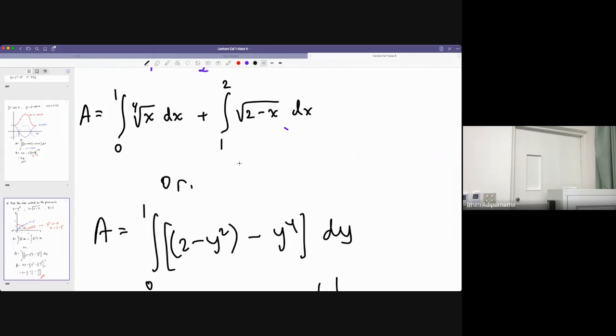How do you solve this? Any idea? How to solve this? Square root of 2 minus x. Substitution will not work.